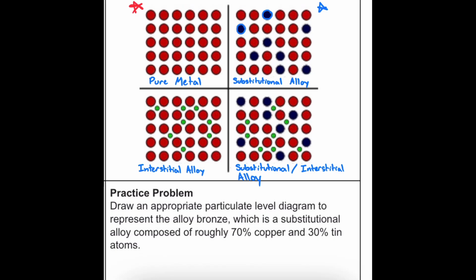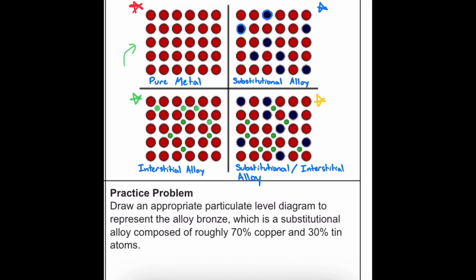On the bottom left here, you're seeing what's called an interstitial alloy. So it almost looks exactly the same as the pure metal sample up there, but these little tiny either metal or non-metal atoms have just squeezed into the empty spaces between the original metals atoms. And then finally, over on the bottom right, you're seeing kind of a combination of all of them, right?